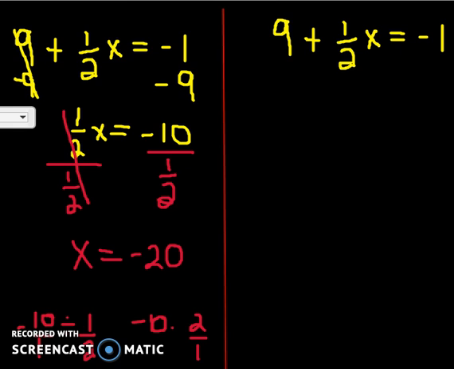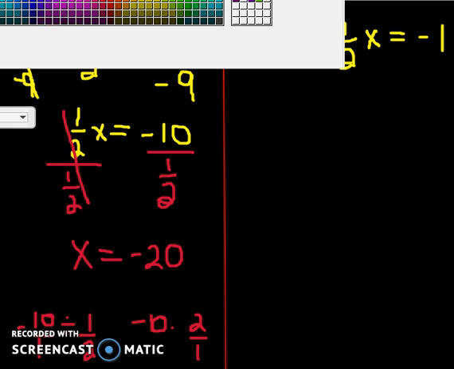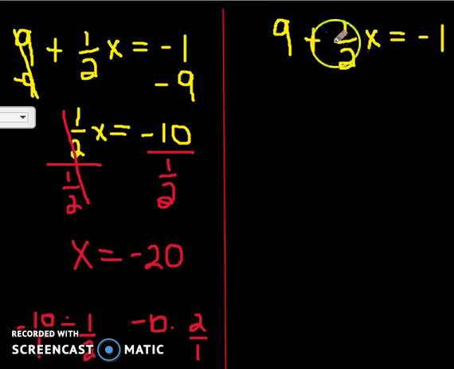Okay, now let's do it this way. We're going to multiply every single term by that denominator of 2. And we're going to get rid of that 2 so that we don't have that fraction. So here's my denominator. Let's multiply every term by 2. So 2 times 9 is 18.